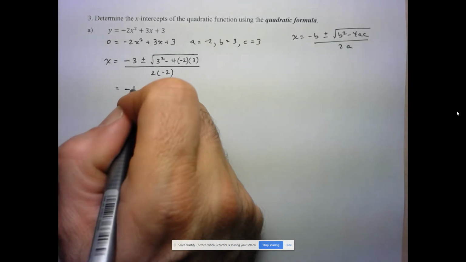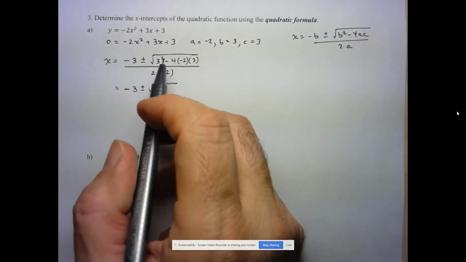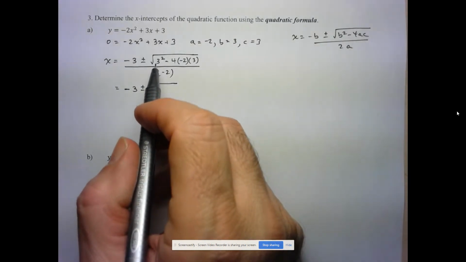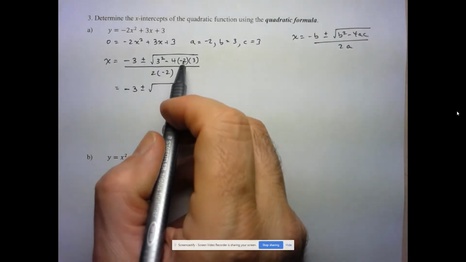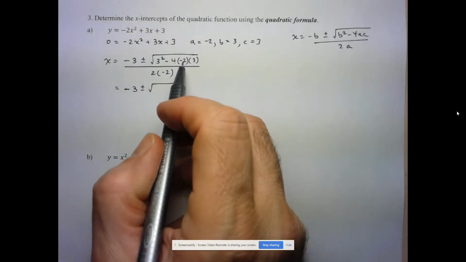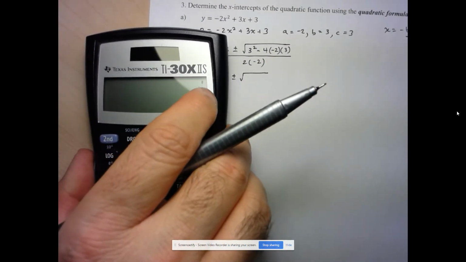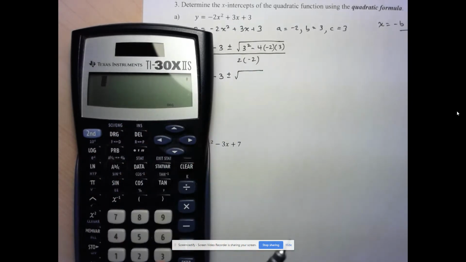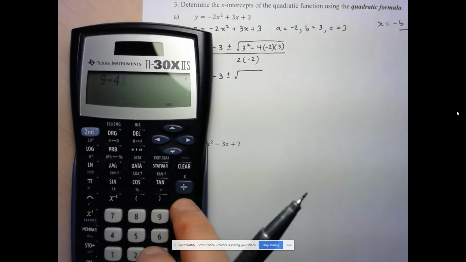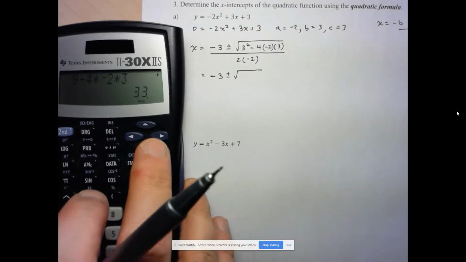So here we have negative 3 plus or minus the square root of, and you can do this in your head or do it on the calculator. 3 squared is 9, plus 4 times 3 is 12, times 2 is 24, so 9 plus 24, looks like it's going to be 33, but let's just check it to be sure. So 3 squared, so 9, minus 4 times negative 2 times 3, and there we go, it was 33.